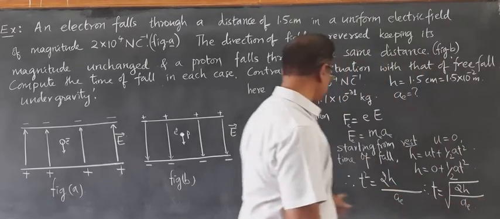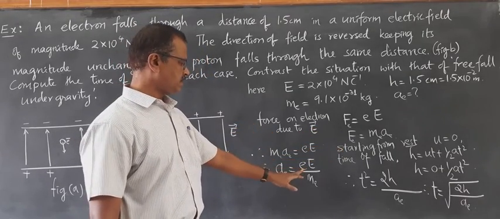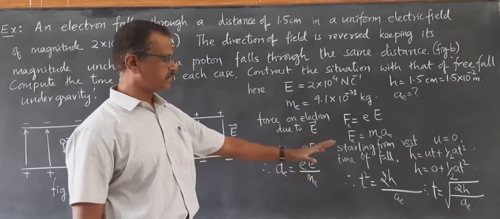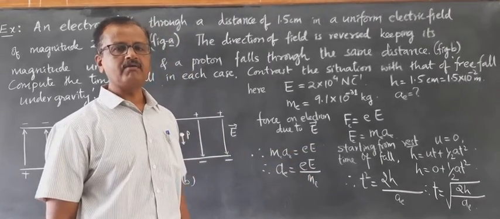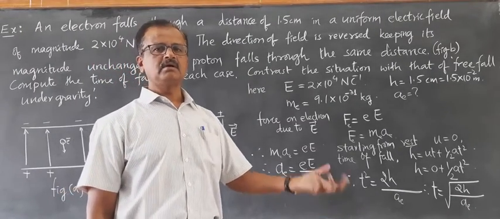Now we can substitute the value of a_e and substitute the values of h, electric field, charge of electron and mass. We will be able to calculate the time of fall of an electron. In the same way we can calculate time of fall of proton also.